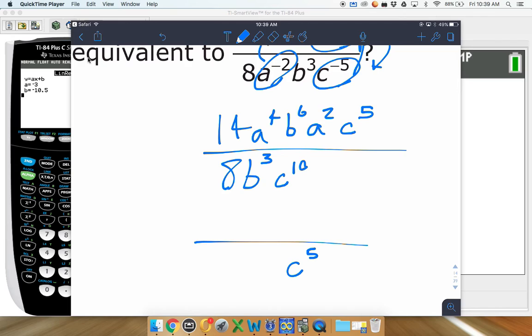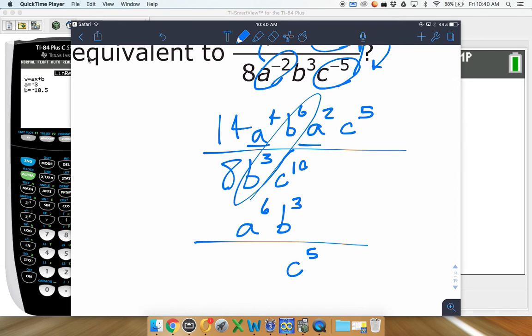I'm bottom heavy, so I'm going to have 5 of them left over in the denominator. Also here with the a's, you're just straight up multiplying those, so you're going to add your powers instead of subtract. Look here at your b's. You got b to the 6, b cubed. You're top heavy, so you're going to subtract. Since you're top heavy, you're going to put b cubed up there in the numerator.